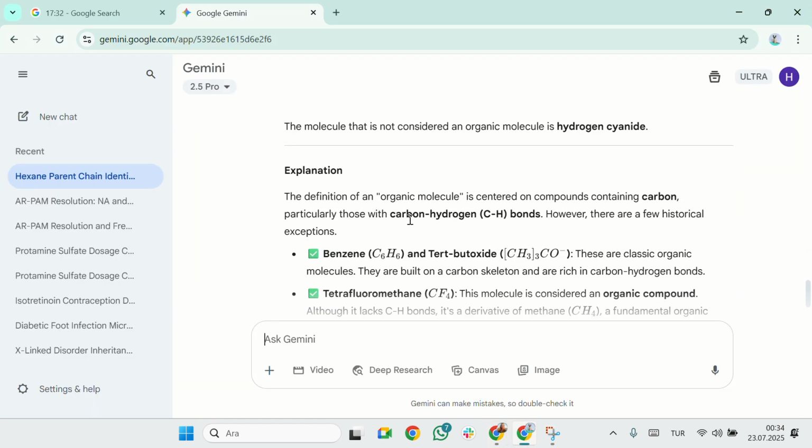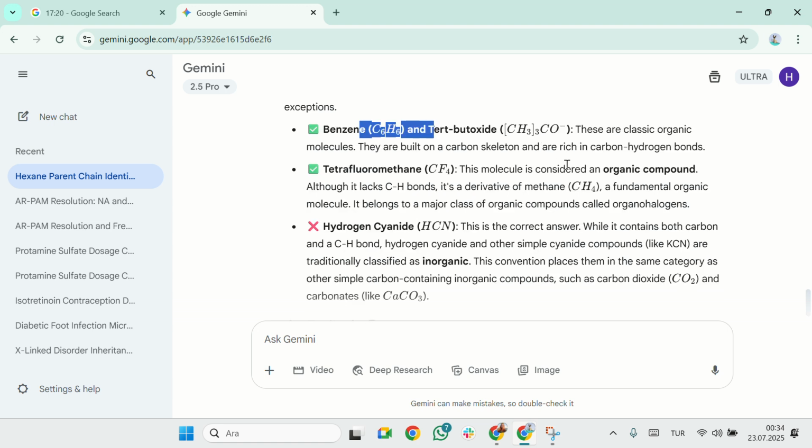Okay. The definition of an organic molecule is centered on compounds containing carbon, particularly those with carbon-hydrogen bonds. However, there are a few historical exceptions. Benzene and tetroxide are classic organic molecules, built on a carbon skeleton and rich in carbon-hydrogen bonds.